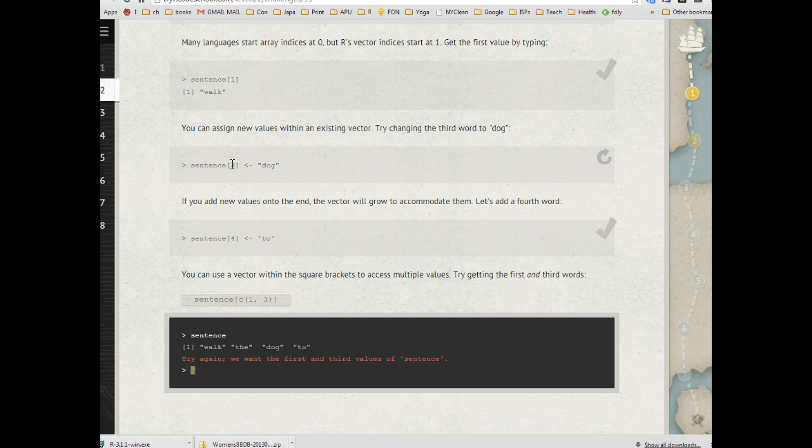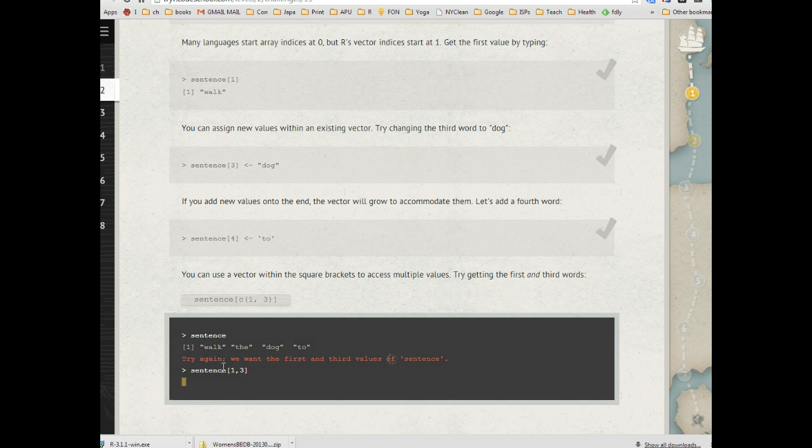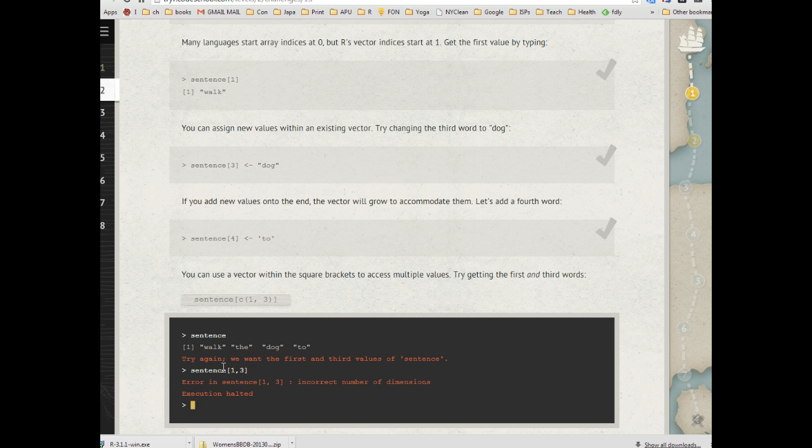You might think I could just put in sentence 1, comma 3 or something like that, but that won't work. Let's try it. Do you think that will work? Let's see. No, that's not the syntax.